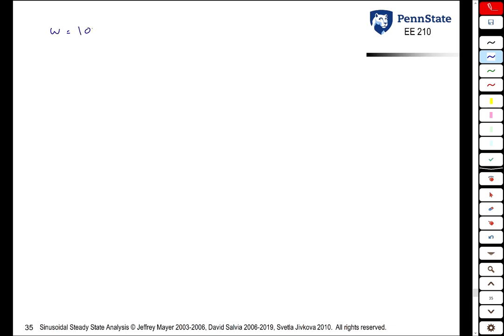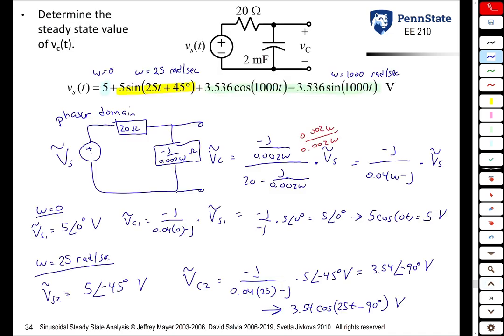Now we go back and do it a third time with the frequency of 1,000 radians per second. Now in this case, we have two different components to the time domain input signal. So what is Vs sub 3 phasor?